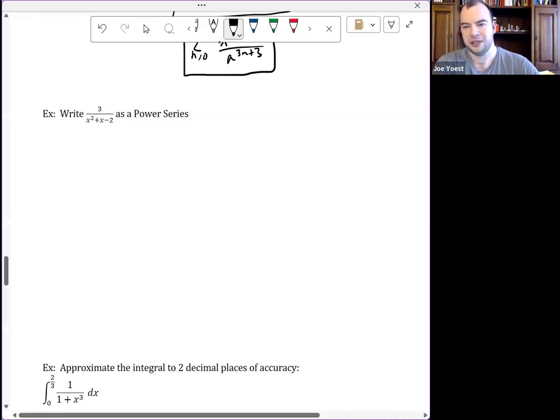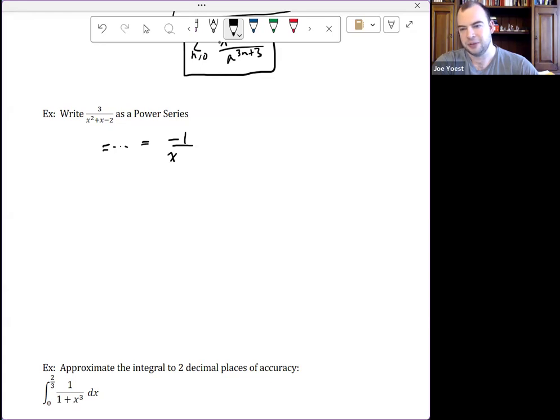I'll spare you the details of partial fractions, but we end up with negative 1 over x plus 2 plus 1 over x minus 1. So this is just a little bit of factoring and partial fractions. We did nothing having to do with series up to this point. This was just a regular old partial fractions problem. Like if this was under an integral sign, this would be the same series of steps we would do here.